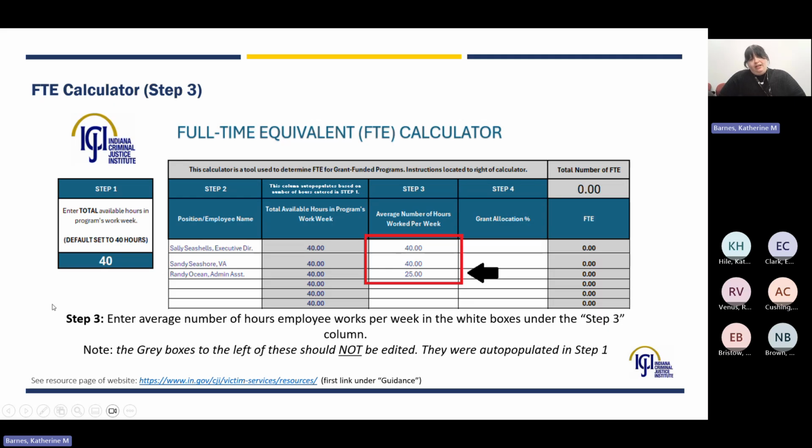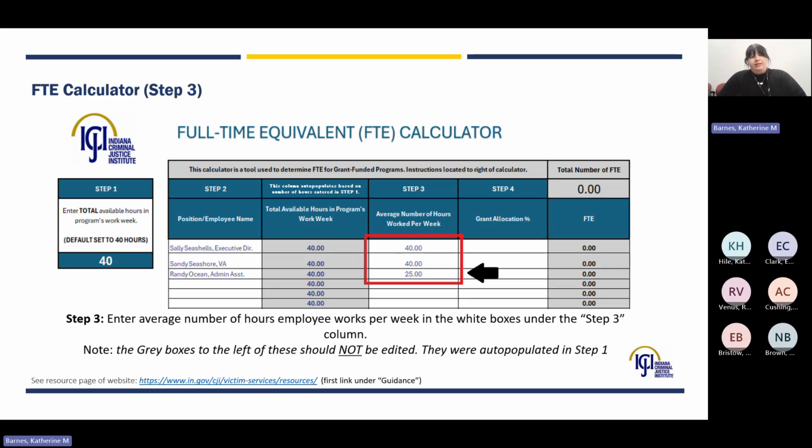The next, like I said, we will not be editing that gray box, so we'll jump on over to the step 3 column, and you're going to enter the total number of hours that this staff member works on average for the reporting period. So if the staff member is full-time, you would be entering in that full-time hour equivalent.